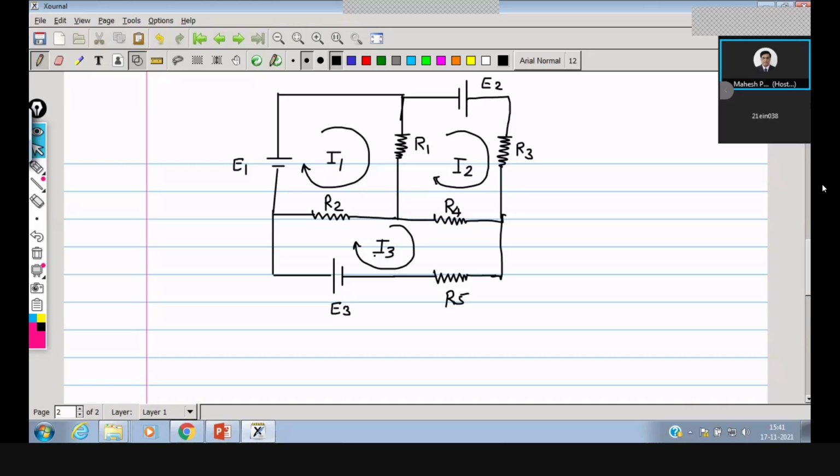Because if you assume the other direction, anti-clockwise, then sometimes you will be confused about what to write and what not to write, because of the plus and minus signs, and we'll get different equations. So to solve in a proper way, always assume the directions of current clockwise and practice different examples so you won't get confused.